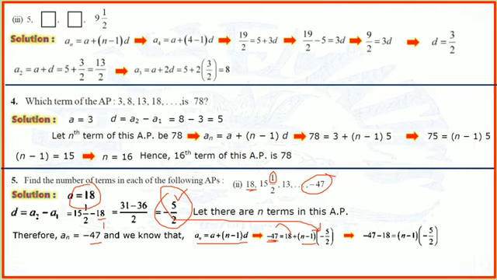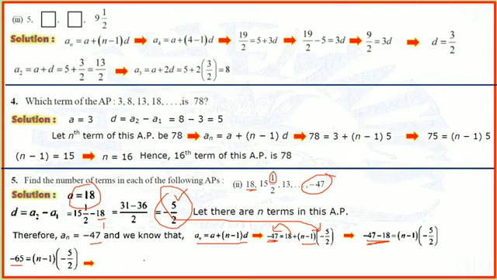Then this 18 will go to the left hand side. Minus 18 is equal to n minus 1 into minus 5 by 2. So minus 47 minus 18, adding these two, becomes minus 65, is equal to the right hand side.